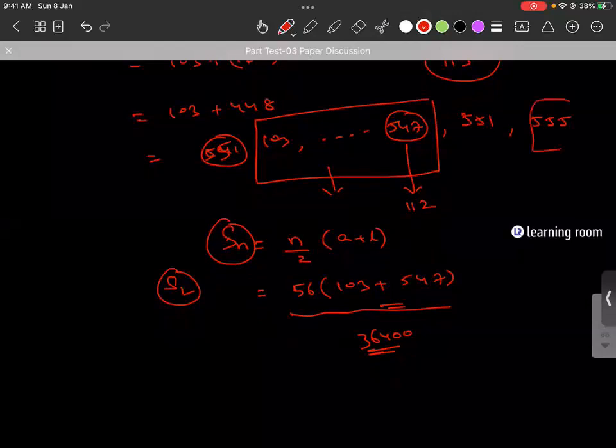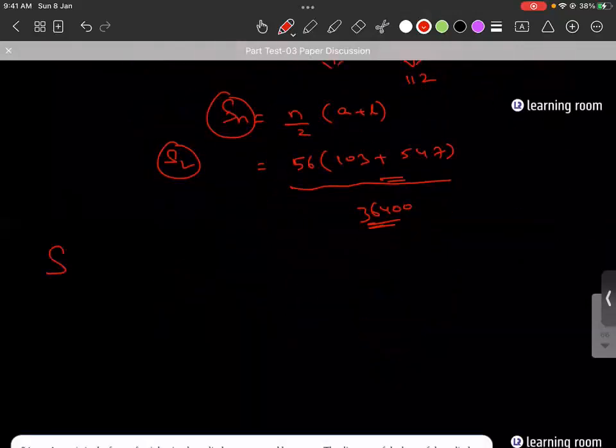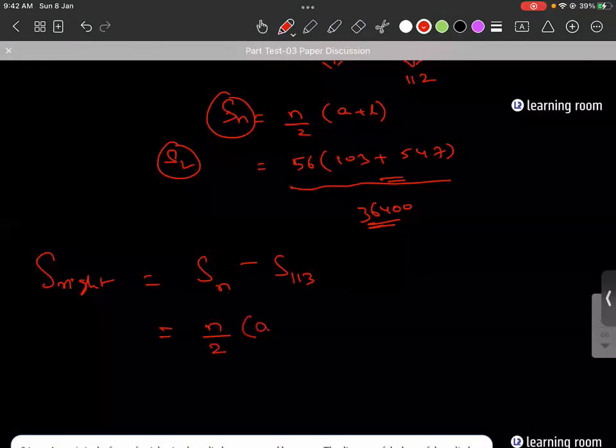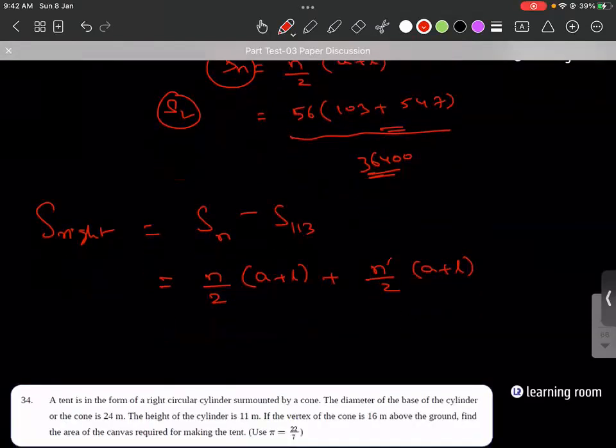Similarly, if I take the sum of the numbers on the right, what will I get? The sum of the numbers on the right is equal to the sum of all n terms minus the sum of the first 113 terms. So n by 2 into a plus l, minus n dash by 2 into a plus l. What is n here?